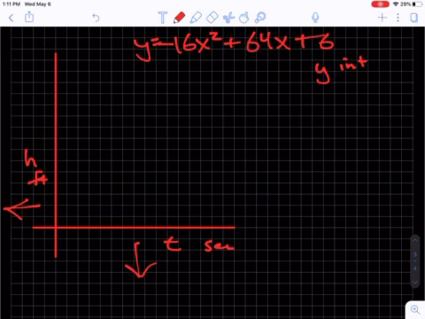It would be helpful to know our x-intercepts, in other words, where y is 0. It would be helpful to know our axis of symmetry, and our vertex. Once we know that, we'll be able to answer the other problems.